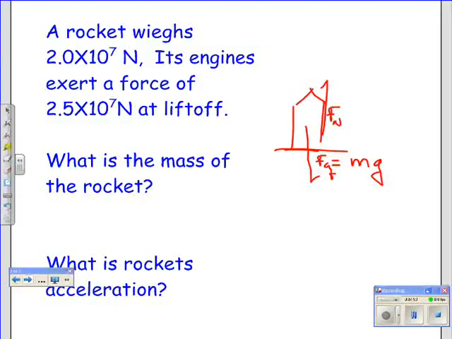Well, if the weight of the rocket is 2.0 times 10 to the 7th, that would be equal to the mass of the rocket times 9.8. So the mass of my rocket would be 2.0 times 10 to the 7th divided by 9.8.